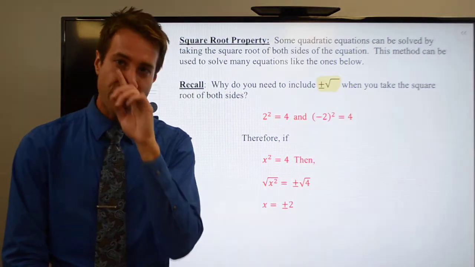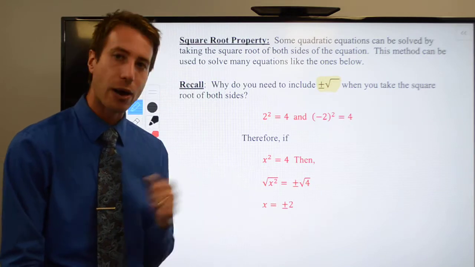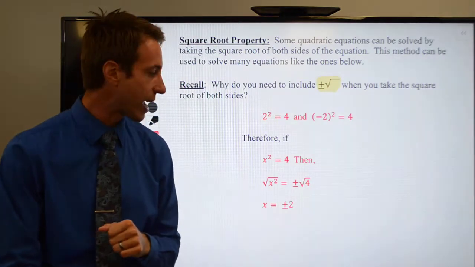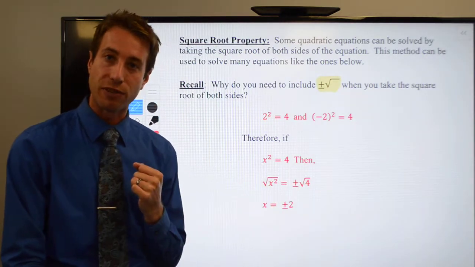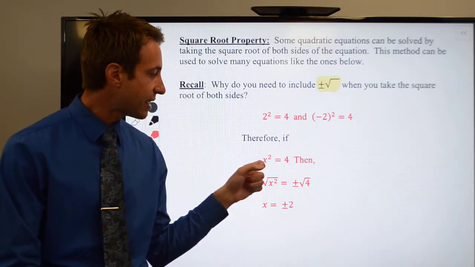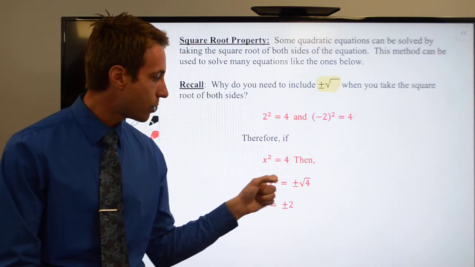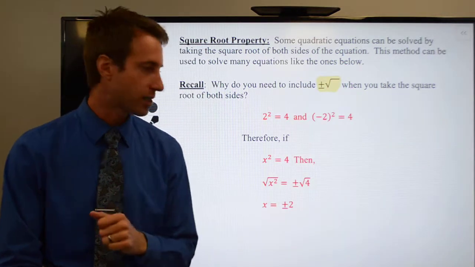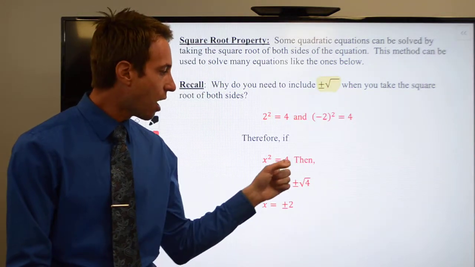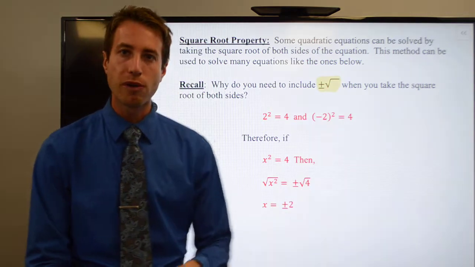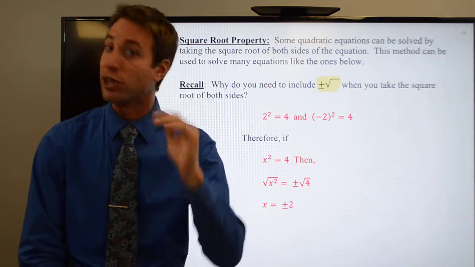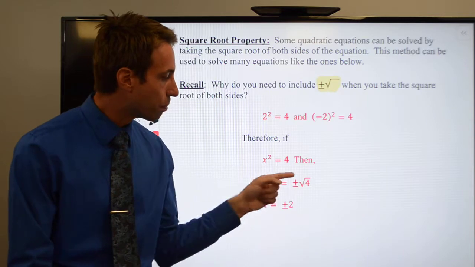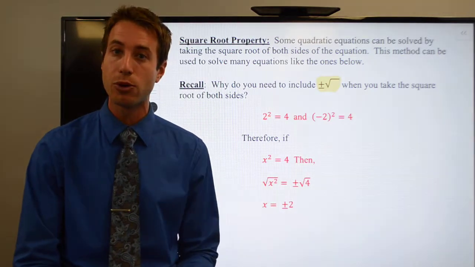So you need to be very, very careful when taking the square root of both sides of an equation. For example, the one that we've got right here. When I take the square root of an x squared, the square root and the square cancel each other out, leaves me with just an x. Awesome. But on the other side, when I take the square root of 4, I must remember, you have to remember to do plus or minus the square root.